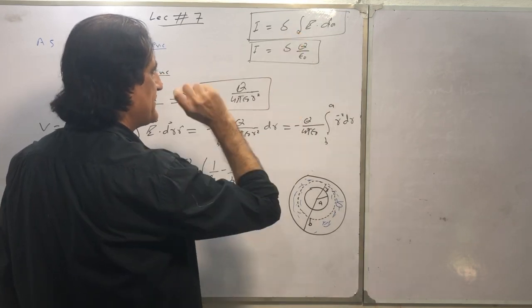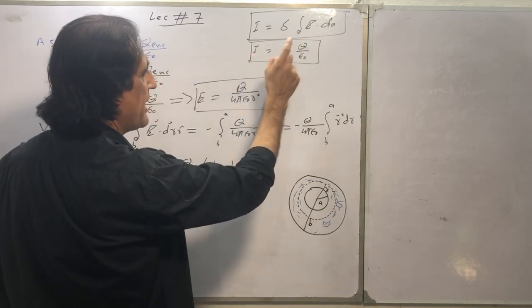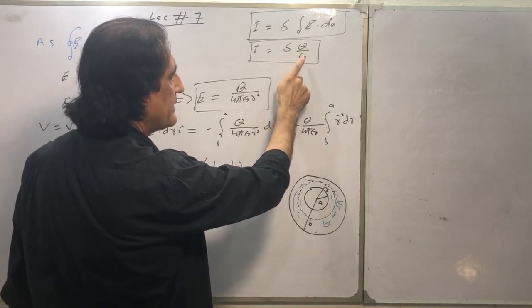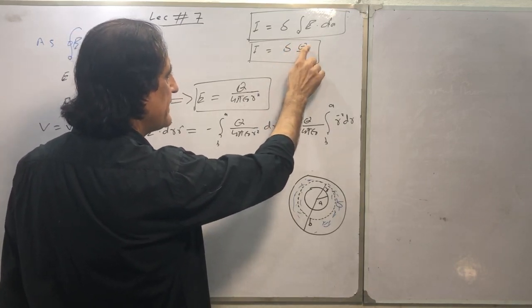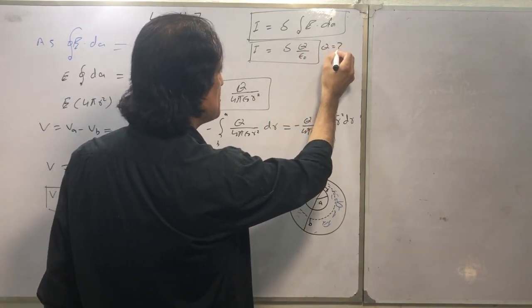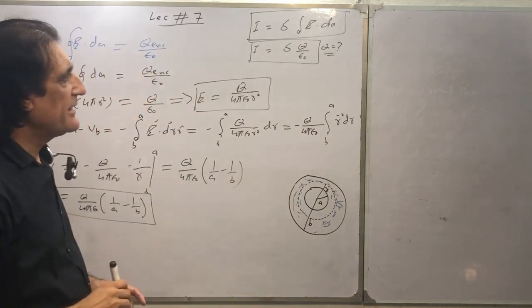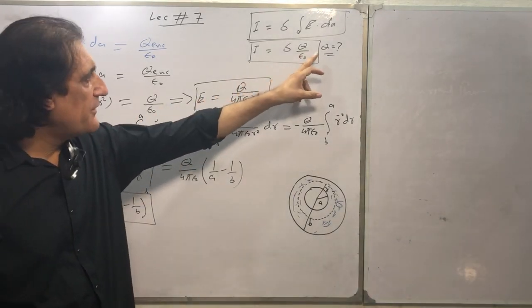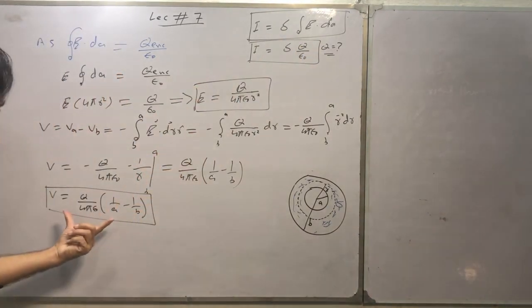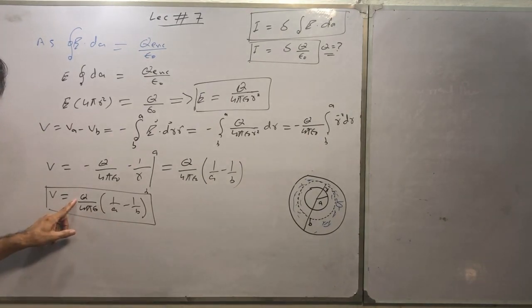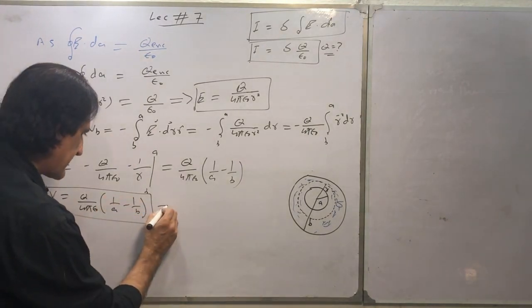This is the final expression, and we need the current. We know sigma and epsilon naught, but here Q is unknown. What is the charge, and how can we relate it to the potential? We need to find Q from this potential.